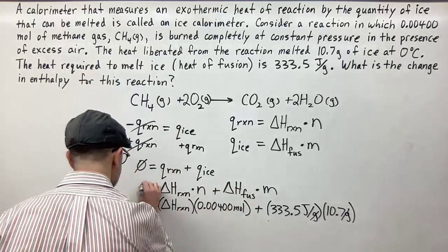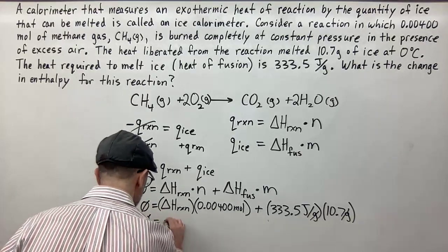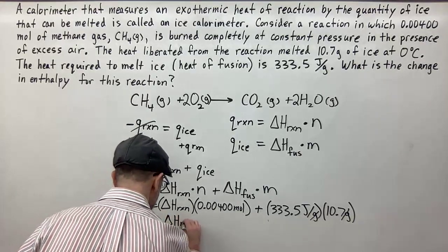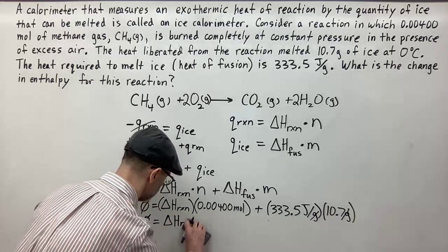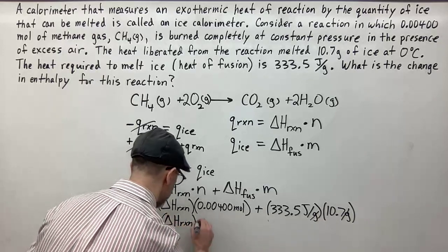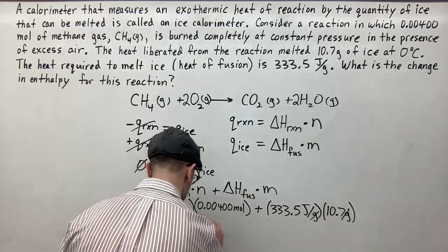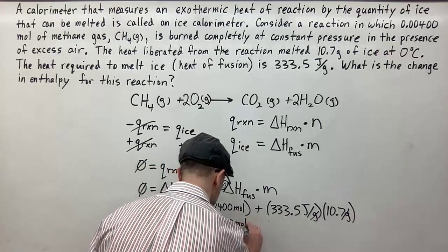So this is 0. So 0 is equal to delta H of the reaction, enthalpy of the reaction, multiplied by 0.00400 moles.